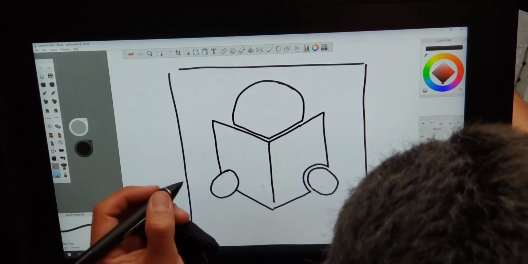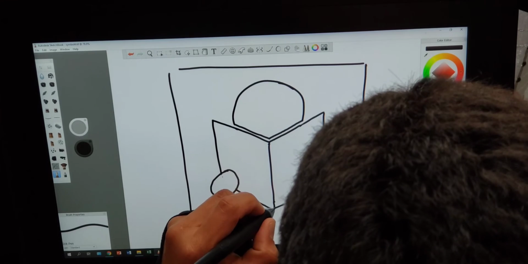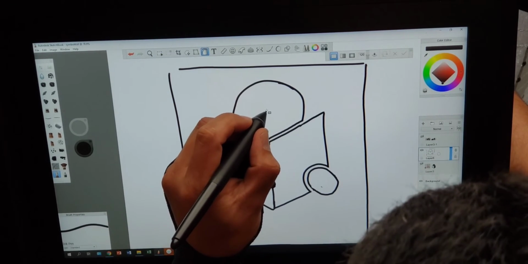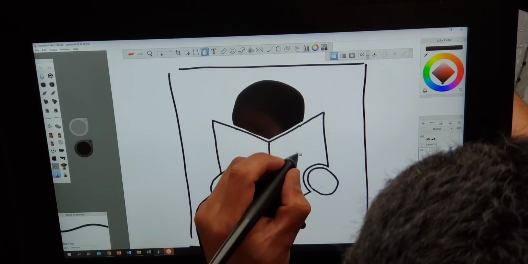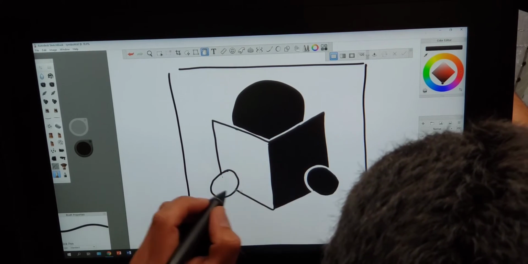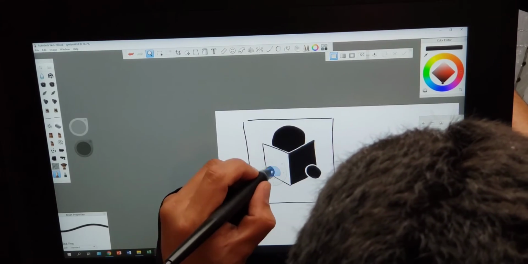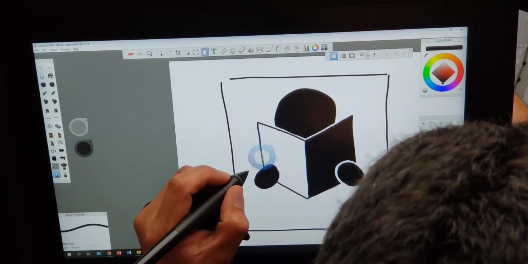Then you are going to color inside. In my case, I'm going to use this tool to make it faster, but you can use any color that you have. Here for the head, here for this part of the book, and here for the hands. And that's your symbol for reading.